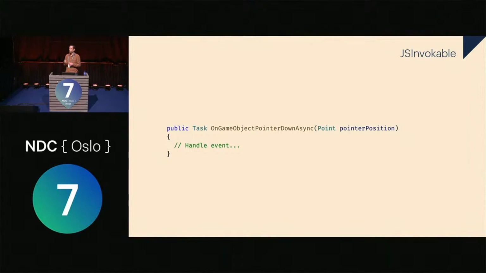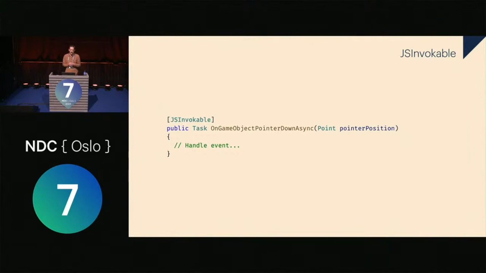It needs to be a public method, and it needs to have this JSInvocable attribute. And then you can call it from JavaScript. And you can see in this sample, I have this point position, which is the mouse position. That obviously also has to be serializable for it to work.